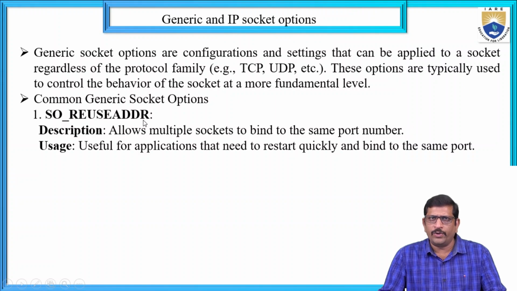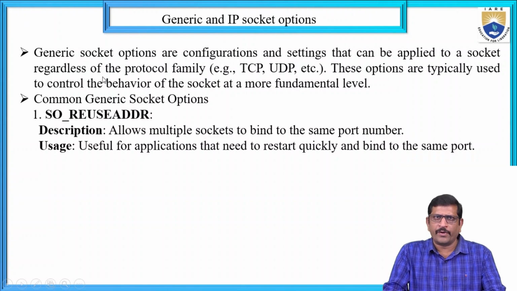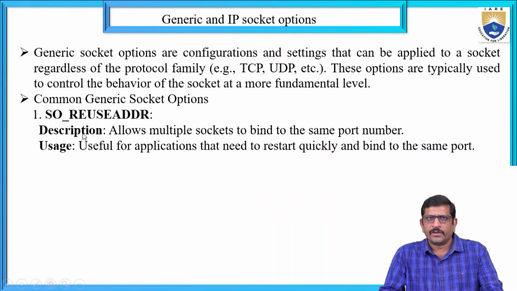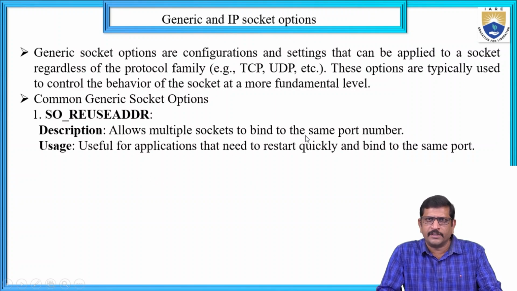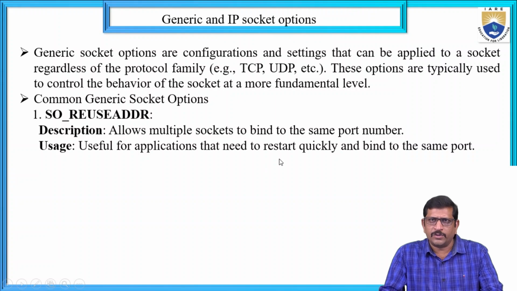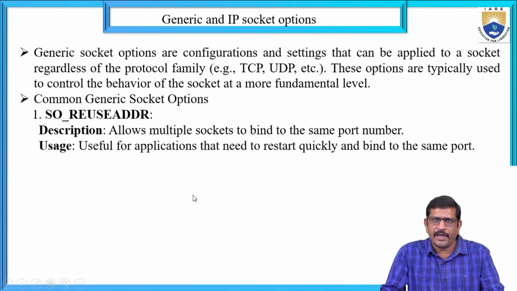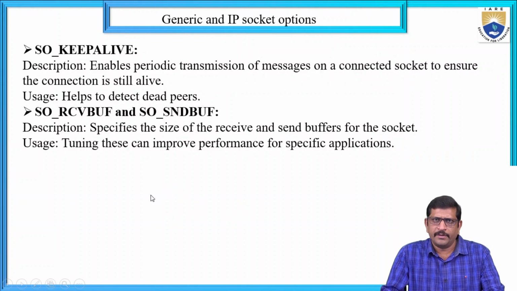By using reuse address, we can bind the same port number, which allows multiple other sockets. This socket reuse address can be useful for applications that need to restart quickly and bind the same port number.